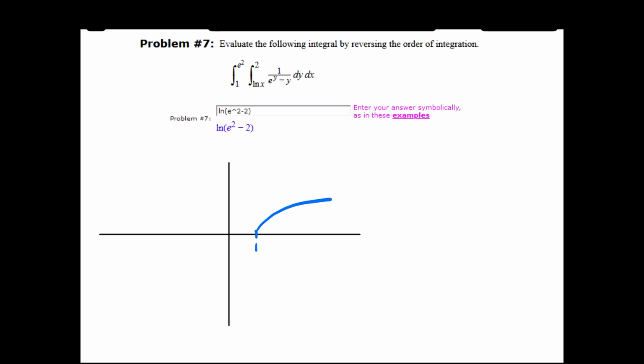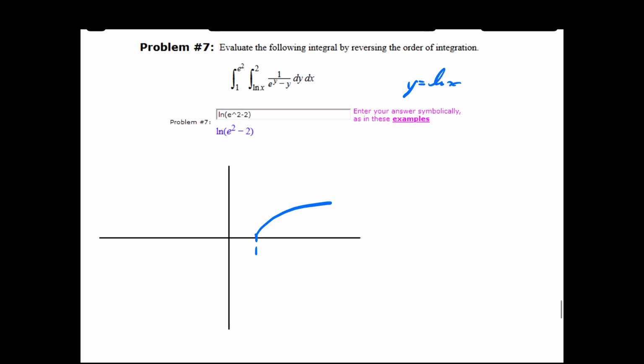And then we're going up until 2. So if this is y equals ln x, and we're going up until 2, I'll put it right here. This is 2. So if I run my line across, this is what I'm looking for.